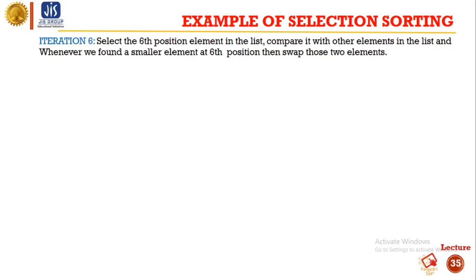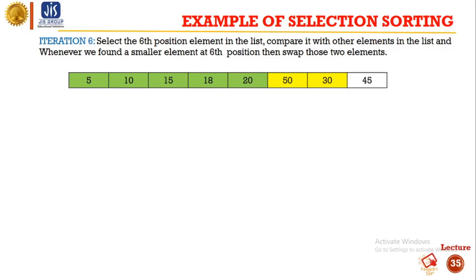In iteration 6, we will select the sixth position element in the list and compare it with other elements in the list. Whenever we find a smaller element than the one at the sixth position, we will swap those two elements. So 50 will be checked at position 6 with other elements. At first, 50 has been checked with 30.